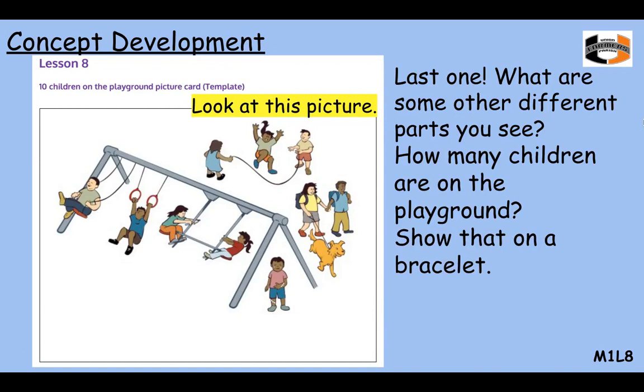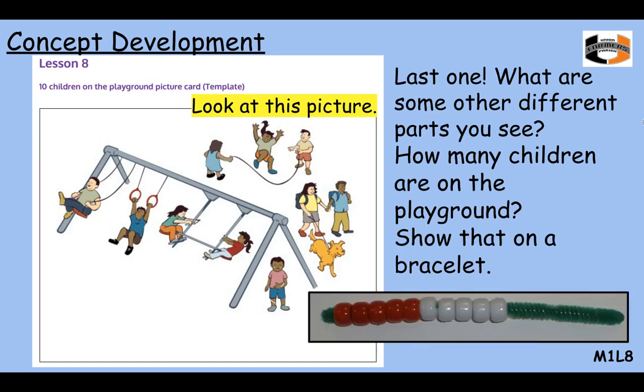Last one. What are some other different parts you see? How many children are on the playground? Show that on a bracelet. That's right, all 10 are on the playground.